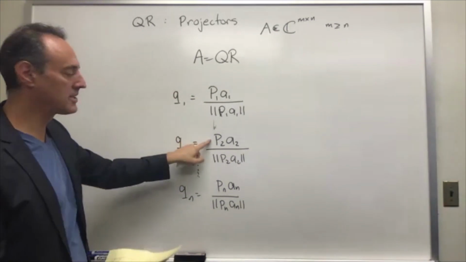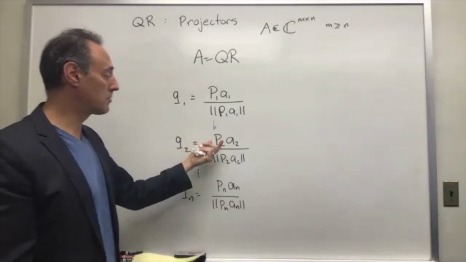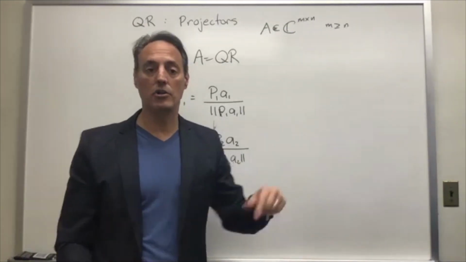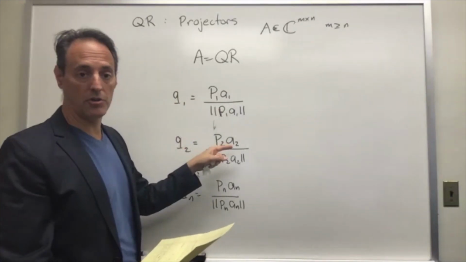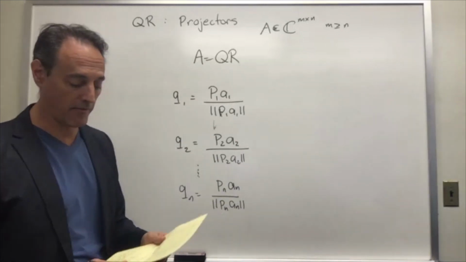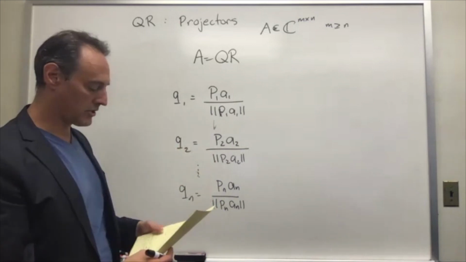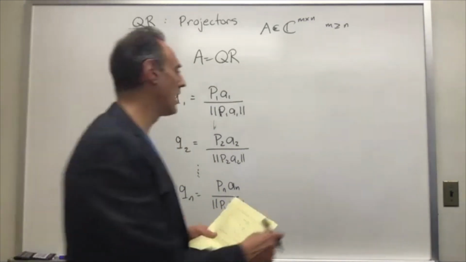Now you project here. Notice what you're doing for Q2. This projector has to find me a space that's orthogonal to Q1 and uses your direction of A2. In other words, it's going to do exactly like what we did before. And how am I going to do this? How am I going to build these projectors? Let me write it down. And then I think hopefully you'll see exactly how you do this.